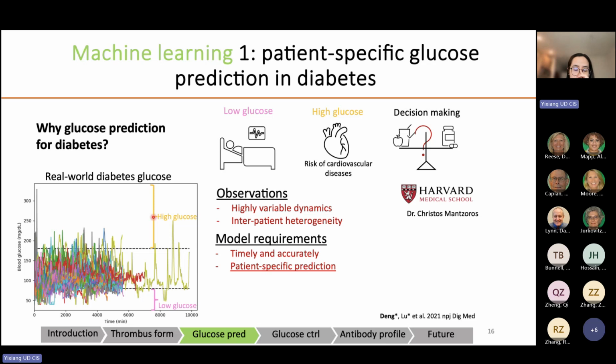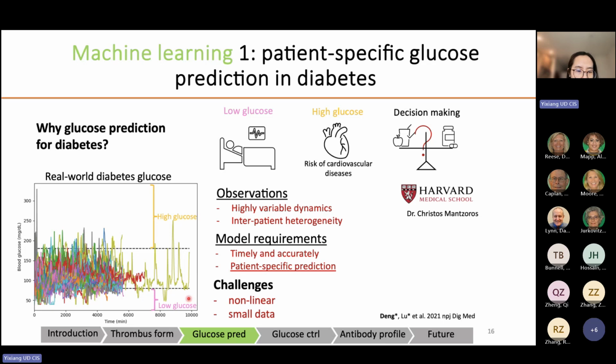We can observe that glucose trajectories for diabetic patients are highly variable, and there is inter-patient heterogeneity, meaning the curves do not follow exactly the same pattern due to different lifestyles or genetics. Therefore, to develop these glucose prediction algorithms, we require timely and accurate models, specifically taking into account patient-specific predictions.